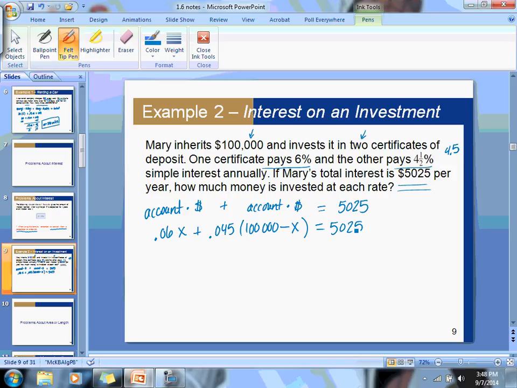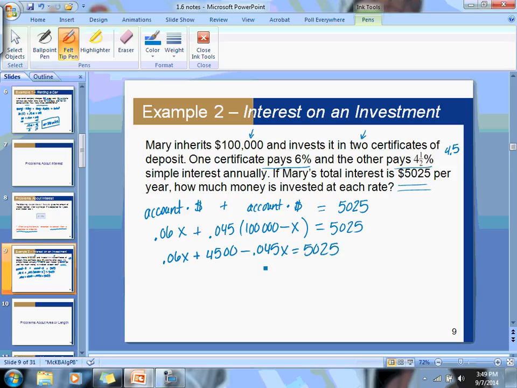So now we're going to distribute, and now we'll be able to solve for x. So we'll have 0.06x. Now if we take 0.045 and multiply it by 100,000, we're going to get 4,500 minus the 0.045x equals our 5025.